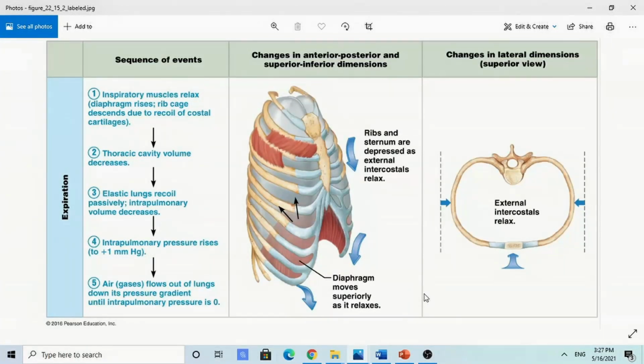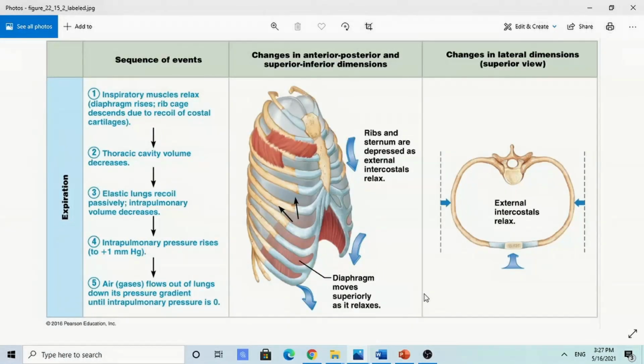Abdominal muscles, that is the external oblique, internal oblique, transverse abdominis, and internal intercostal muscles contract, further shrinking the size of the thoracic cavity. This results in the volume of the lungs decreasing.